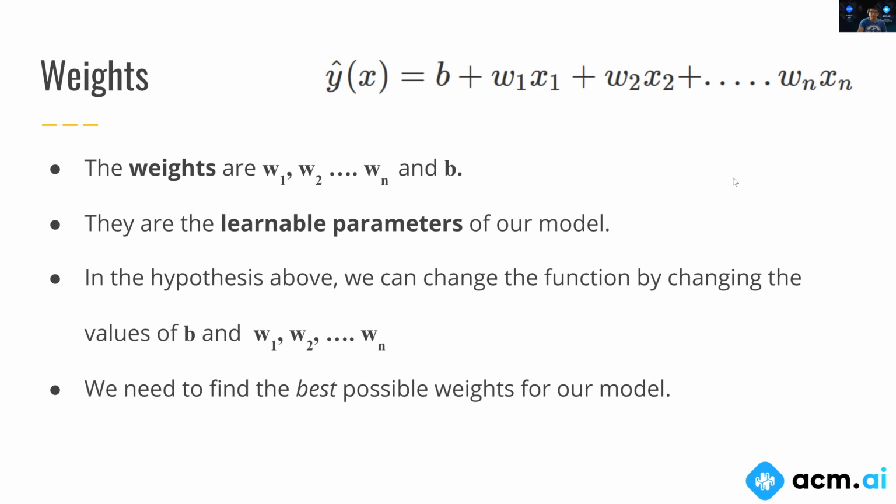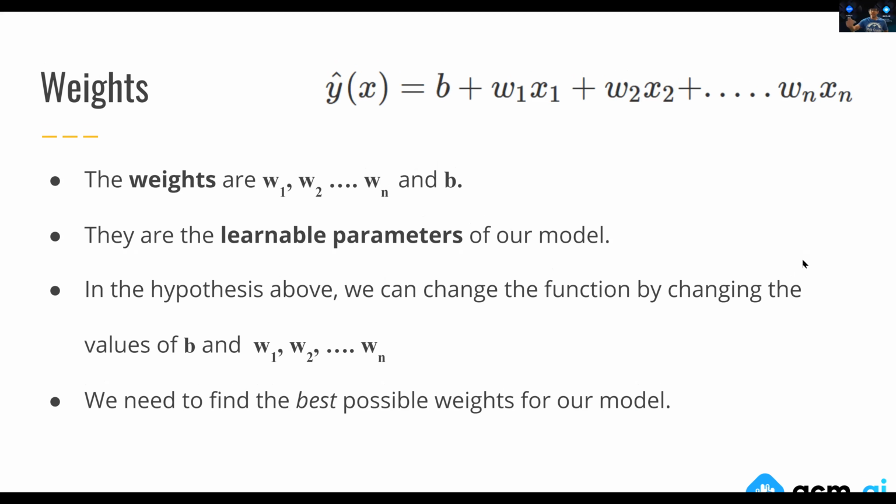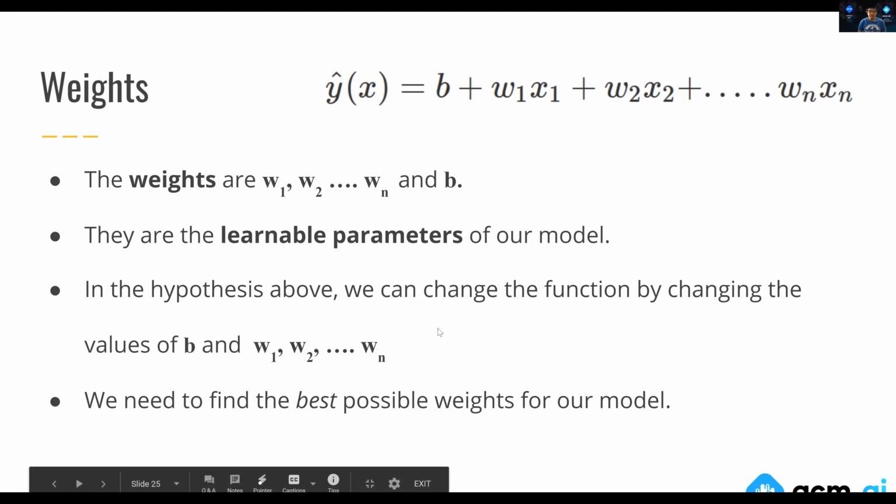All right, so question: there is a different weight for each feature? Exactly, precisely. So x1 through xn are the different features of our problem here, the house price problem. And each one of these features will be assigned a different weight. And we're going to see why exactly that is.